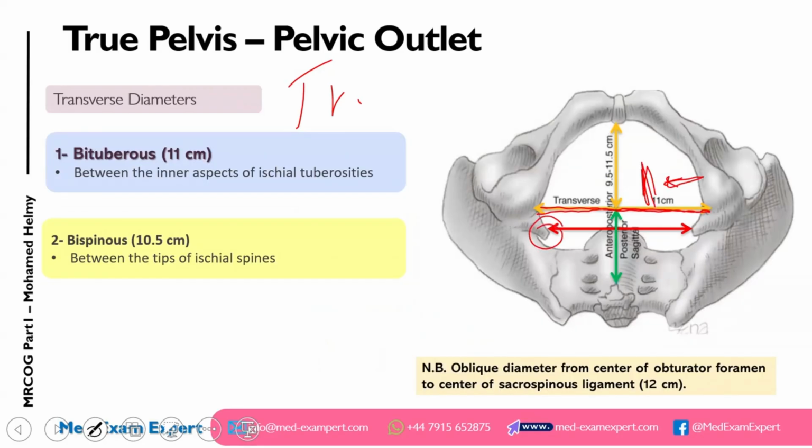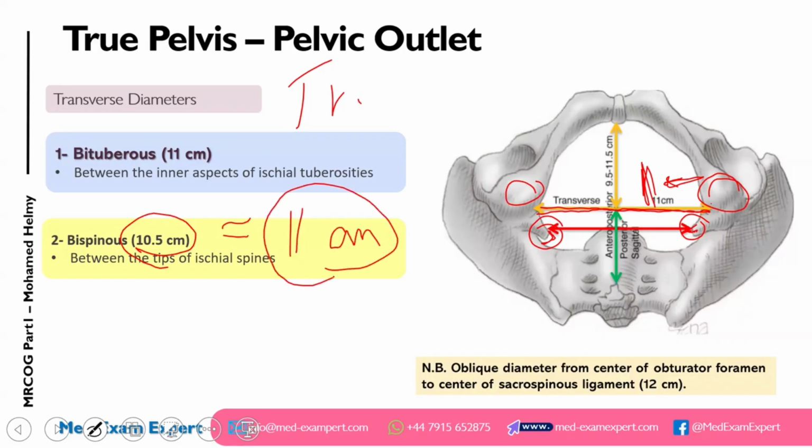And this one is what we care about, the bispinous diameter, 10.5 centimeter between the two ischial spine. These are the two ischial spine. These rounded bones are two ischial tuberosities. The narrowest one, of course, is the bispinous diameter, 10.5 centimeter, but we are going to also approximate it to about 11 centimeter.